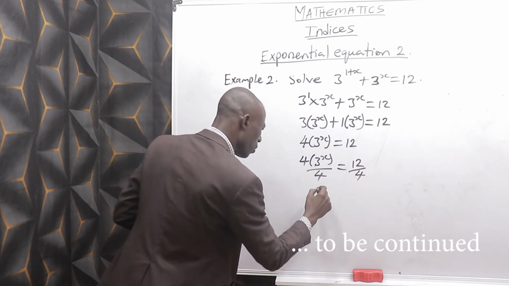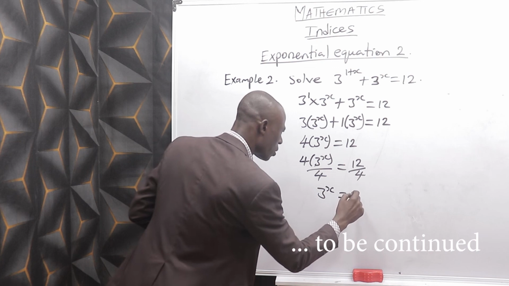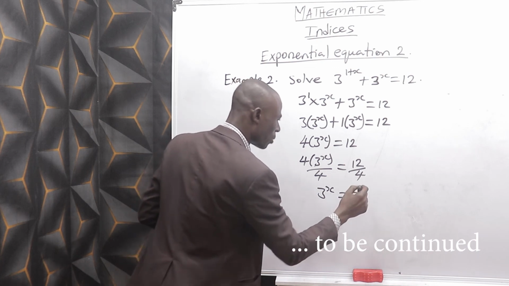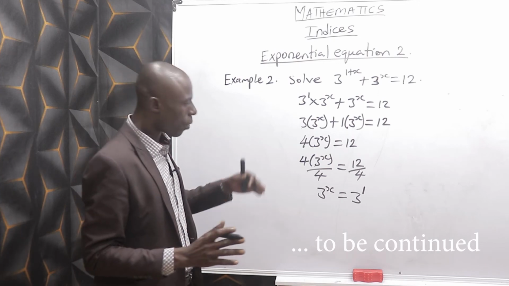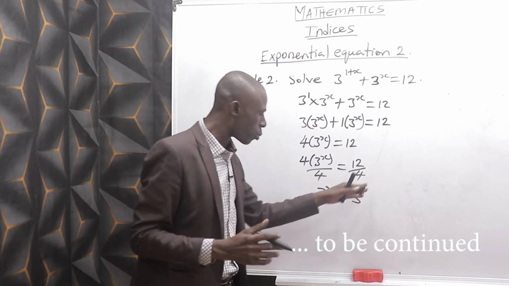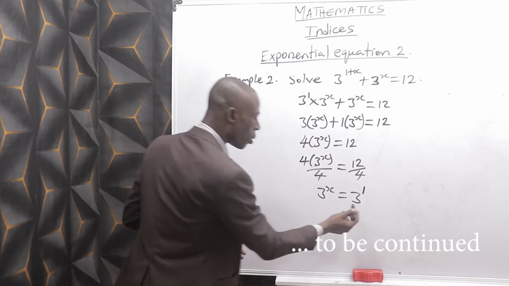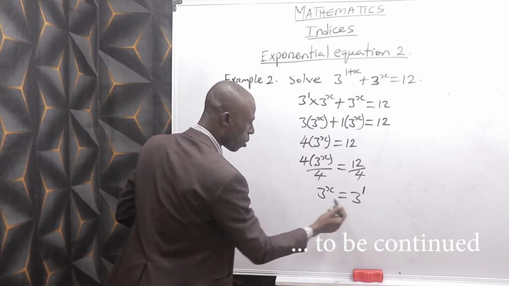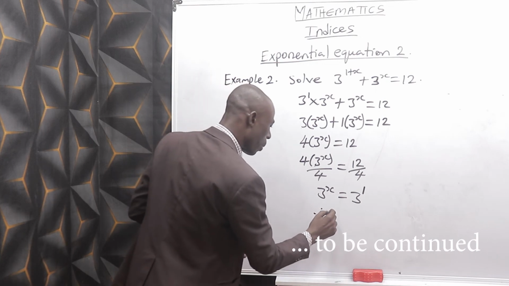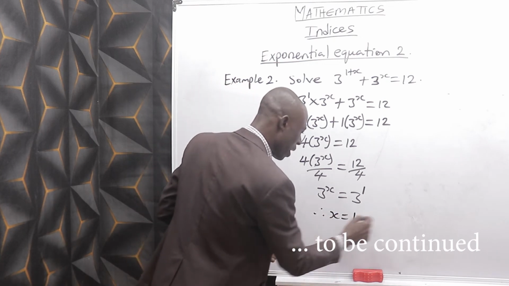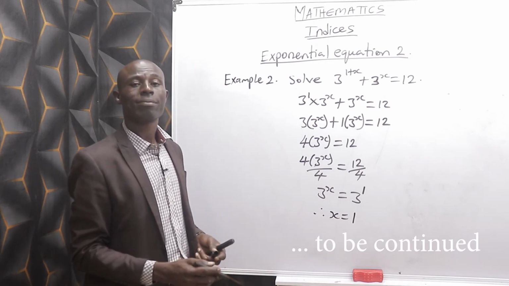This cuts this to give us 3 raised to power x equals 3 raised to power 1. 12 divided by 4 is 3. But 3 in index form is 3 raised to power 1. So, looking at this, we have a common base on different sides of the equation, meaning that their powers also are the same. x is equal to 1. Simple.